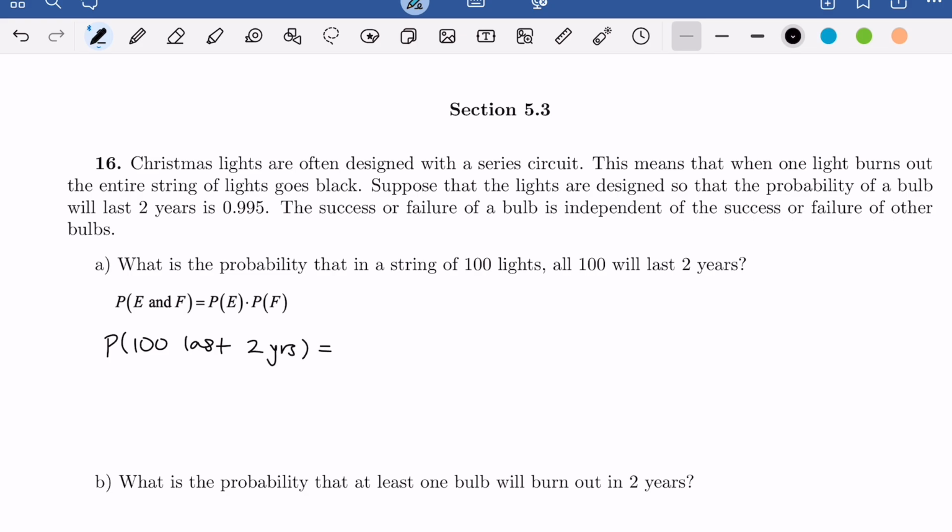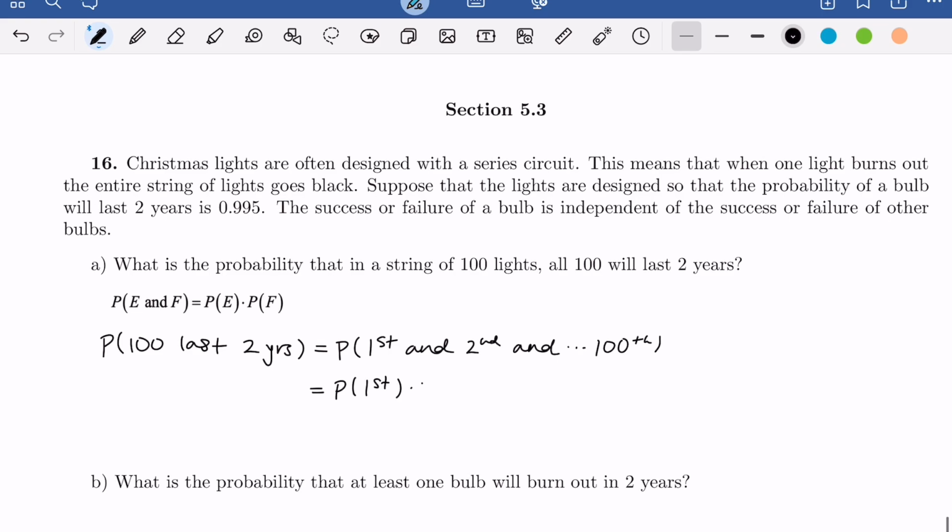This is going to be the same as the probability that the first bulb lasts and the second all the way up to the 100th bulb lasting. So this is going to be the probability that the first bulb lasts times the probability that the second, all the way up to the probability that the 100th bulb lasts.